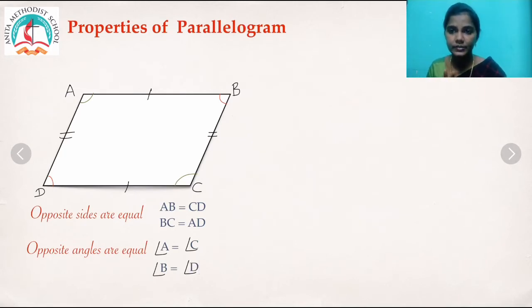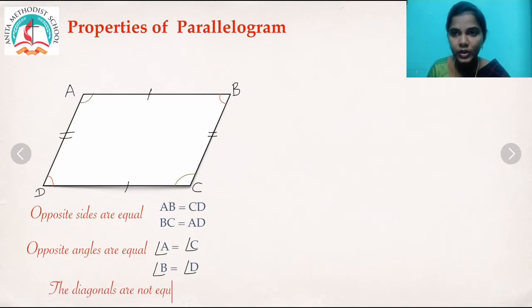What I said: the first property is it has 4 vertices and 4 sides. The second property, the opposite sides are equal. The third property is opposite angles are equal. Then the fourth property is the diagonals are not equal.